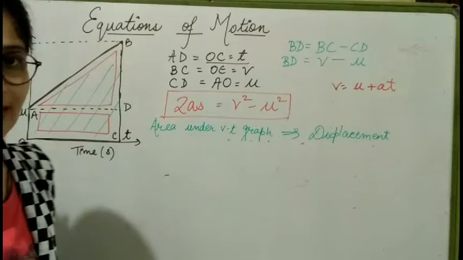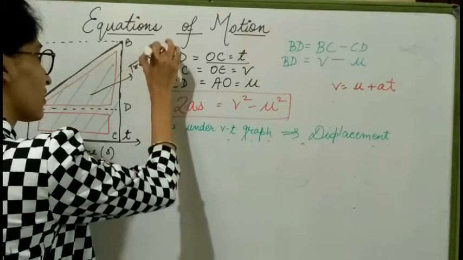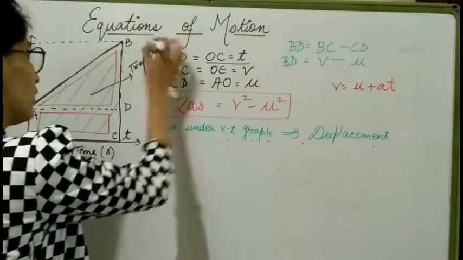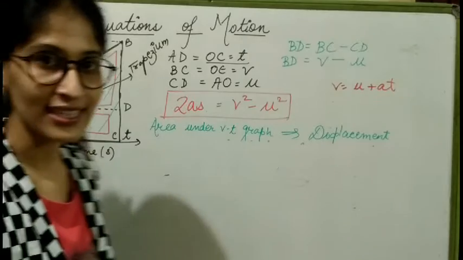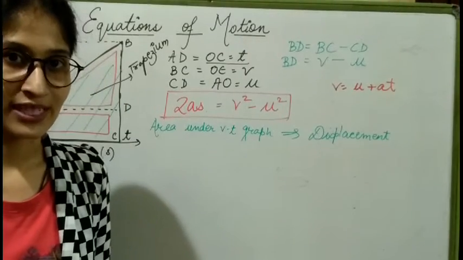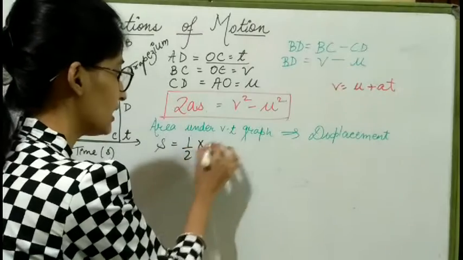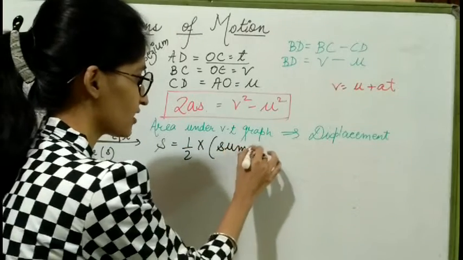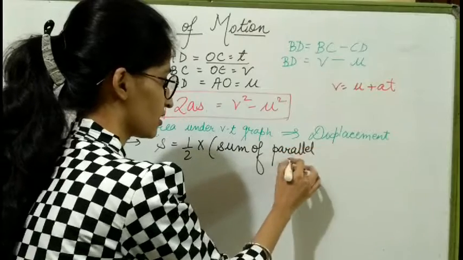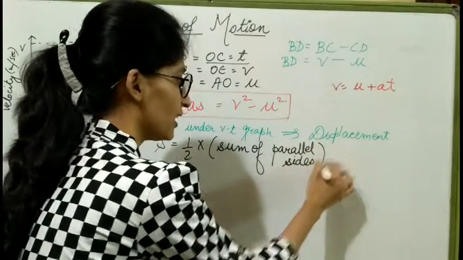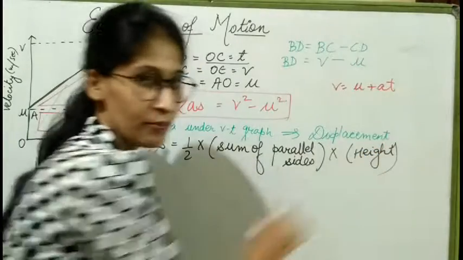This complete figure is of the shape of a trapezium, with two sides parallel and two non-parallel sides. The area of a trapezium is given by half the sum of parallel sides multiplied by height, or we can say the distance between them.